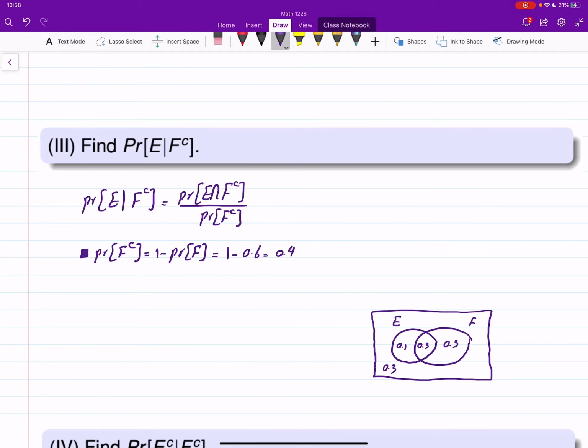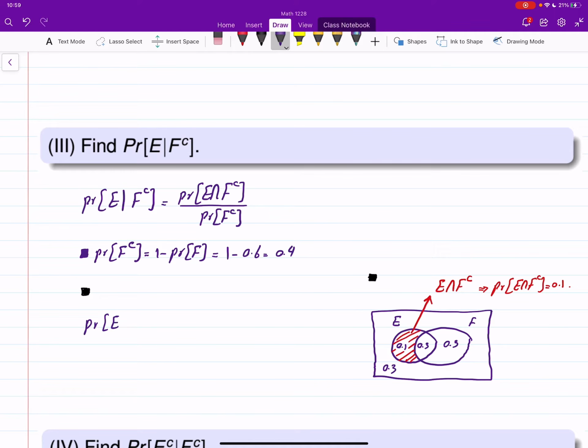Now we are looking for the probability of E intersect F complement, the region which is inside E but outside F. That is E intersect F complement, and its probability is 0.1. Okay, so that's one way of getting this number for the intersection. There's another way, which is using formulas, and here remember partitioning an event using another event.